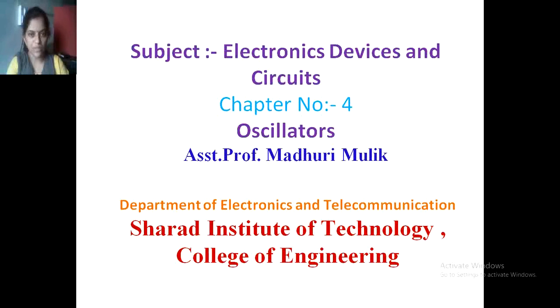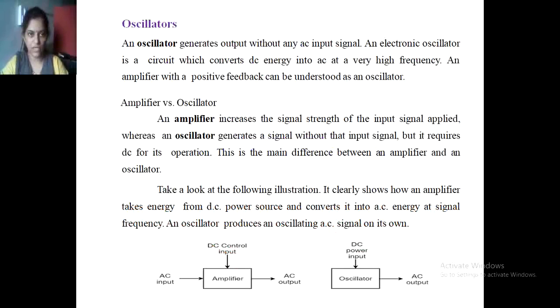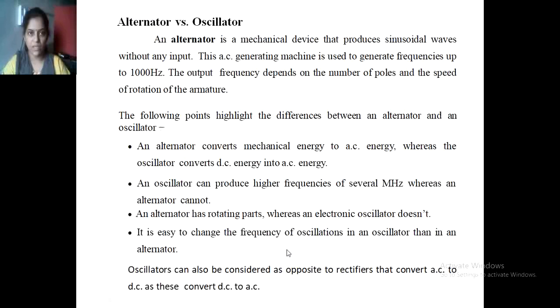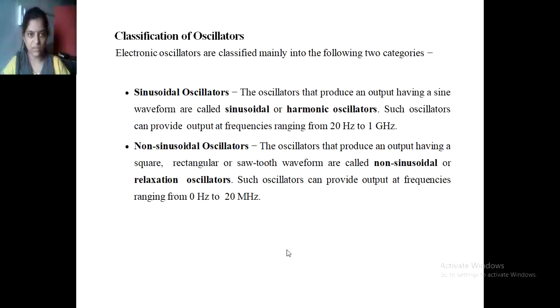From chapter number 4, oscillators. In the last session we saw what is meant by an oscillator, the difference between an oscillator and an amplifier, and the difference between an alternator and an oscillator.